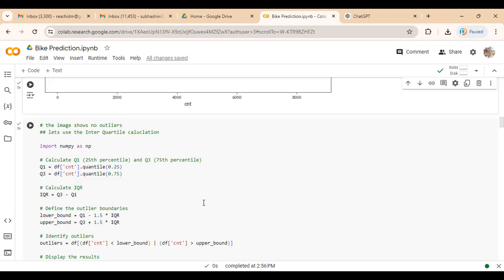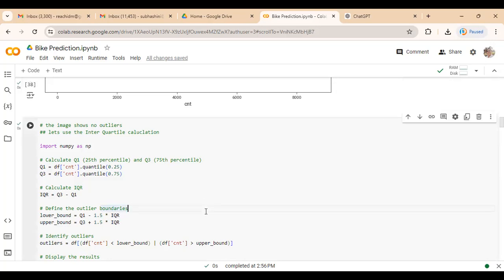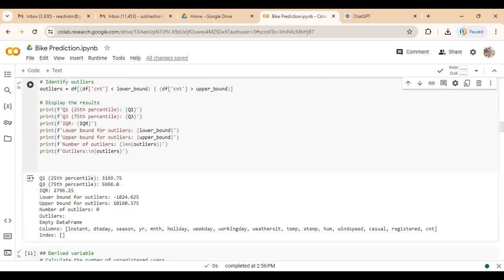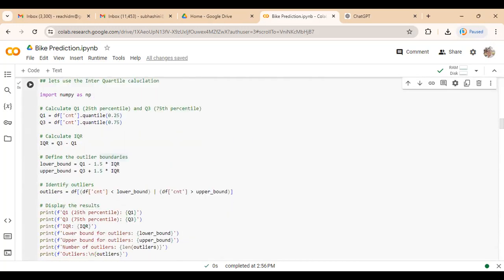So what we want to do is to calculate the outliers using what is called the interquartile range. You have the 25%, 50%, 75%, and of course the 0% and 100% on the left and right sides. Can we look at the calculation and understand if there are any outliers in this data? We find the 25% and 75% values, the quartiles, and then calculate the interquartile range.